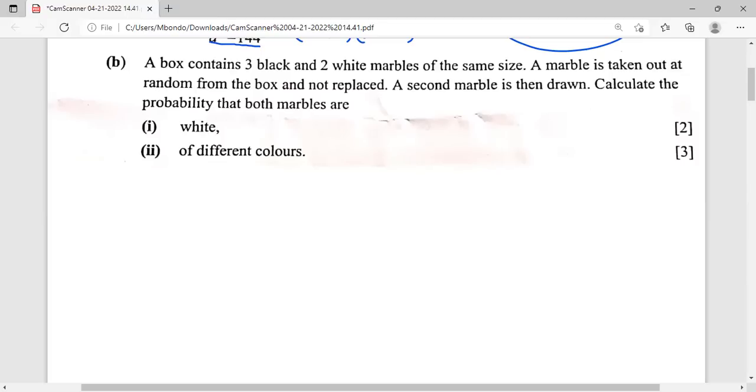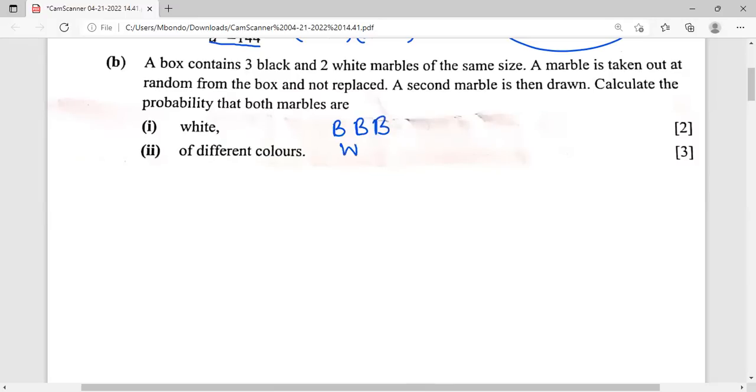So there are 2 ways that we can do this. When you look at this question, they didn't ask us to do a tree diagram. So you can either choose to do a tree diagram or not. Since you are used to doing it with a tree diagram, let me do it without a tree diagram.